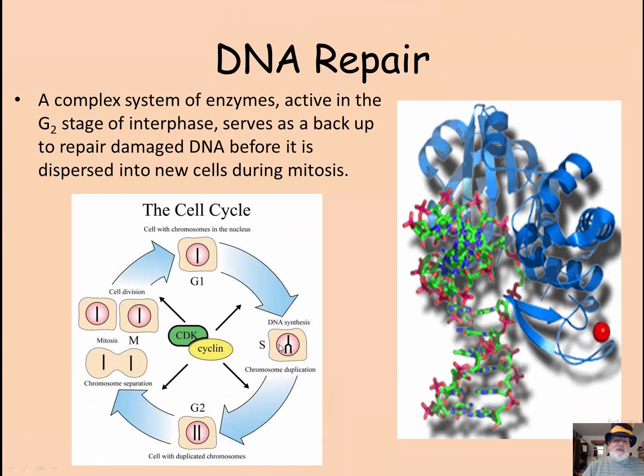DNA repair. If you remember, we have a cell cycle. We go through the mitotic division right here, and then we end up with one set of chromosomes. We go through and we synthesize, making two sets. It splits up, and then it makes another copy, and then we end up with G2 here. This is where the cell grows.